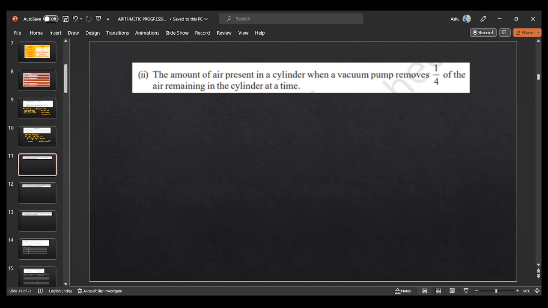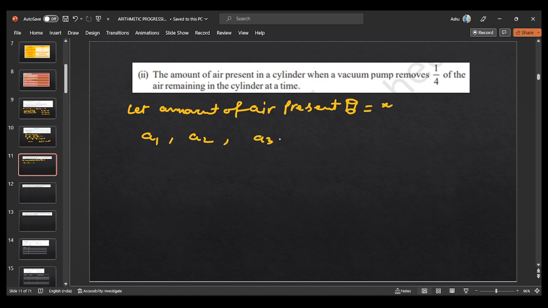So let the amount of air present in the cylinder be x. Then the terms are A1, A2, A3, A4.